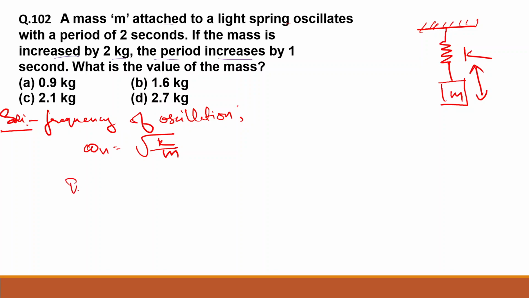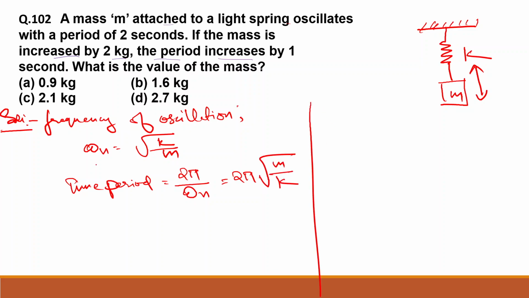Time period is how much? Time period is equal to 2 pi upon omega n, which is equal to 2 pi root over of m upon k. After that I will apply the values given. 2 is equal to 2 pi root over of m upon k.